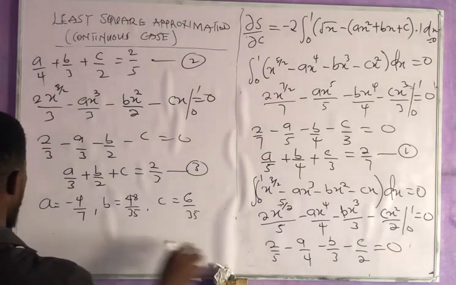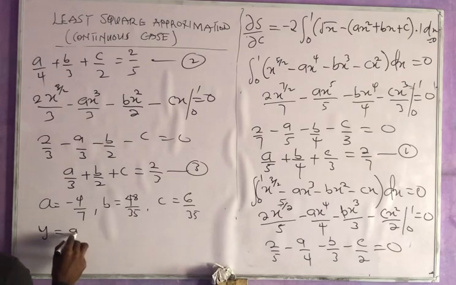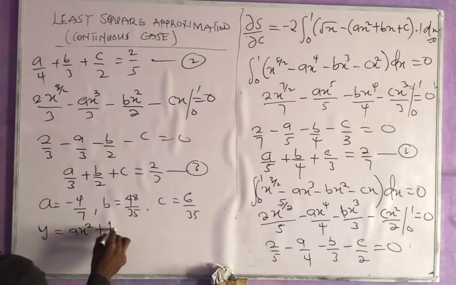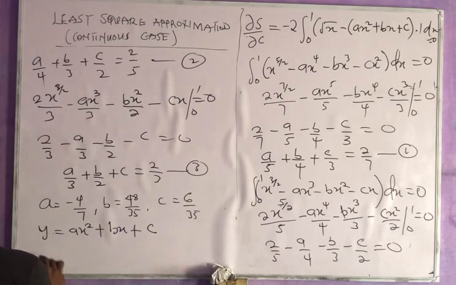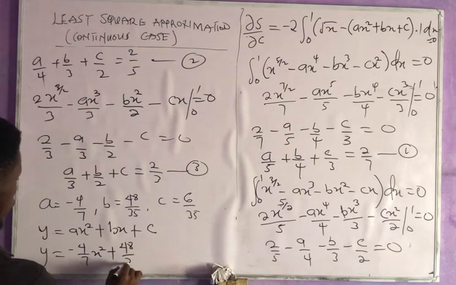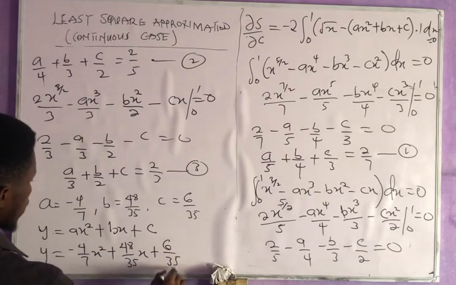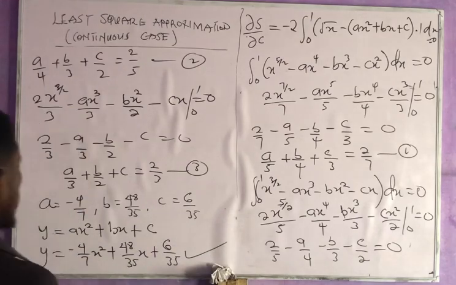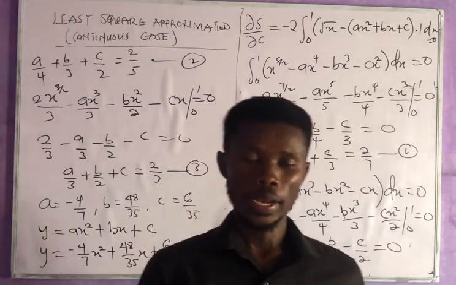Let me rewrite the line for you to see. So y equals, my a is now negative 4 over 7 x squared plus 48 over 35 x plus 6 over 35. So this will be our final answer.